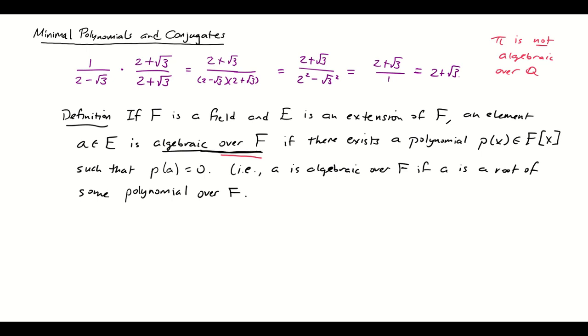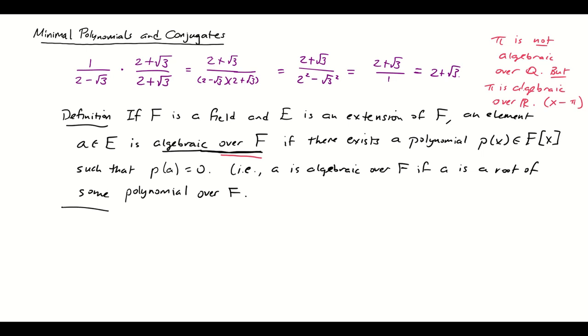However, pi is algebraic over R, because there is a polynomial over R which has pi as a root, in particular that one. So you can be algebraic over one field, but not algebraic over another one. All right, so that's our first definition.